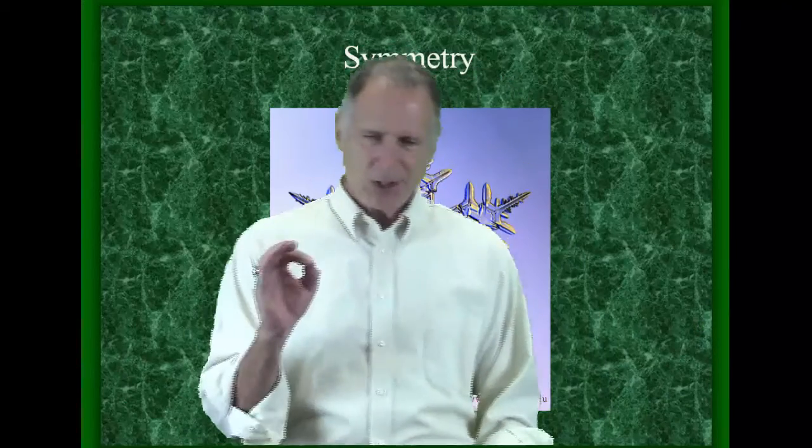Now the catch here, and this bothers physicists, is that you can't do that with the forces. We've got these four forces, and they behave differently, and that bothers physicists. They want to see some symmetry there, because we do see symmetry in almost everything we do in the world of physics, and yet the forces don't seem to be symmetrical.